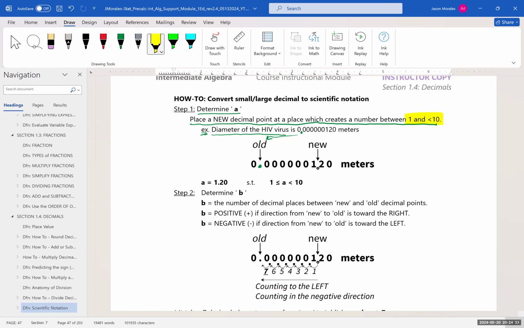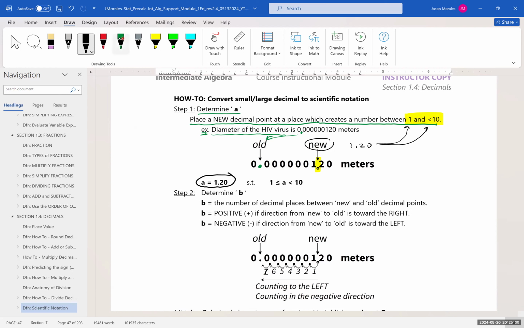The new decimal point is going to go here between the 1 and the 2. And this creates the number 1.20. And 1.20 is greater than 1 and less than 10. So this is where our new decimal point is going to be. So our value of A for scientific notation is going to be 1.2.